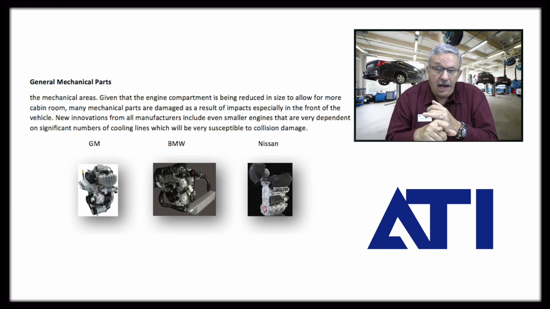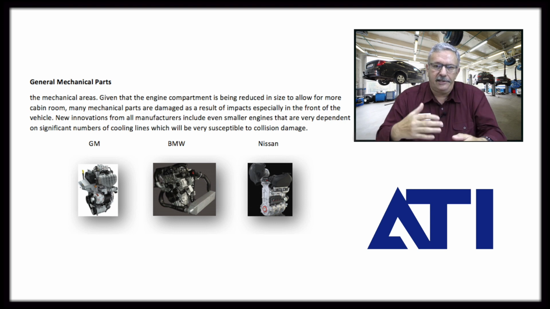So that would be a not included operation. Removal for inspection, not included operation. We need to add that to our repair plan. So these are other considerations that we need to look at as we're seeing these changes in not only the structure but the mechanicals in the vehicle that we will need to consider in our estimating processes.